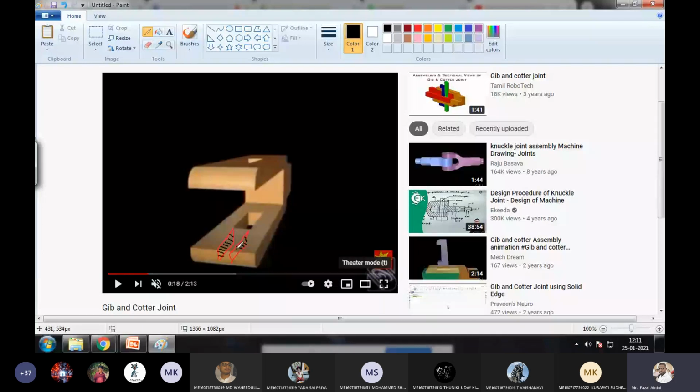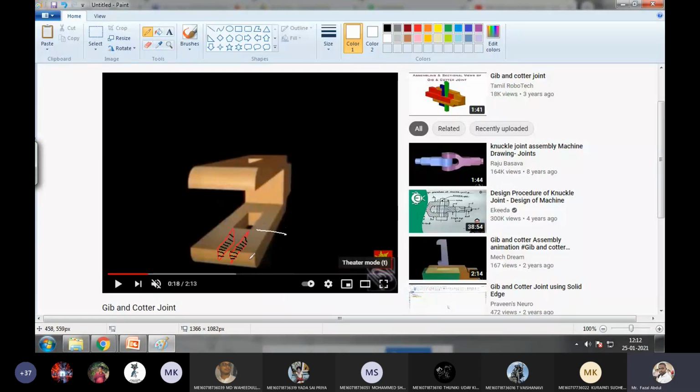This is the failure area. Now what is the failure area? If we know the dimensions, we can easily find it out. We require this length, and we require this length, width and thickness.